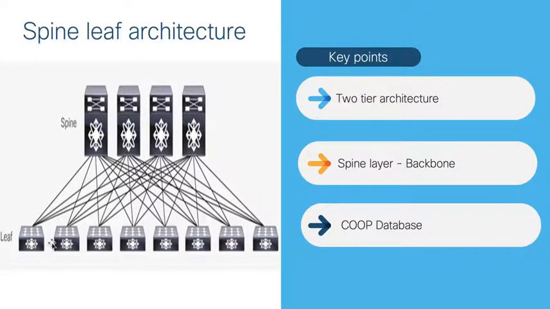Each leaf is connected to each spine in a full mesh model, and there is no interconnectivity between the leaves. Similarly, each spine is connected to every leaf in a full mesh topology, but no spine is interconnected with another spine. You can see in the diagram.